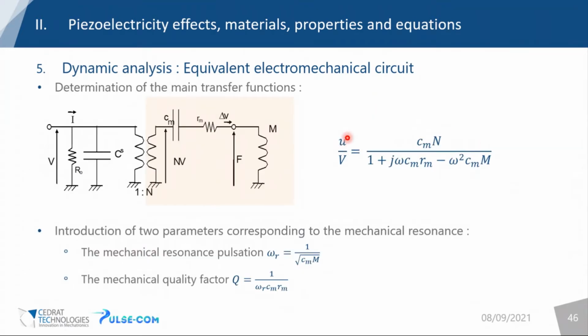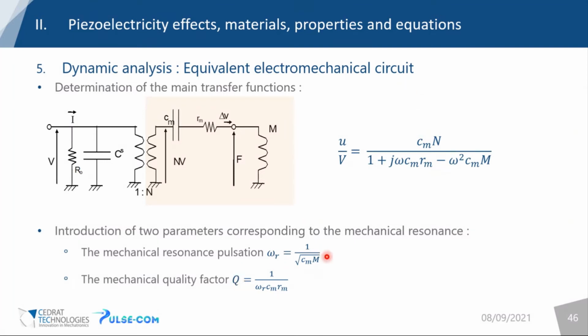Then you can write the transfer function that links the displacement of the mass over the voltage, so the displacement of your piezo actuator divided by the voltage you supply to it. If you do this, you will have 2 main parameters that describe the behavior of your actuator: the mechanical resonance pulsation, omega R, and the mechanical quality factor, Q.